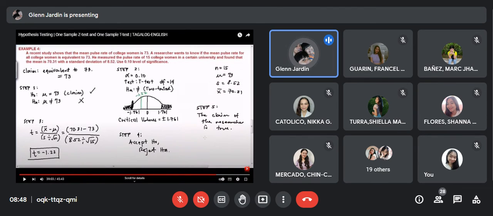Kapag nag two-tailed tayo, you're claiming it equal or not equal to. Okay? Step 1, we have done that. Saying that the claim is equal to 73, or the average pulse rate is 73. And then the H sub A is not equal to 73. Okay?